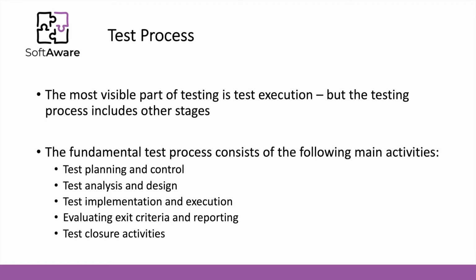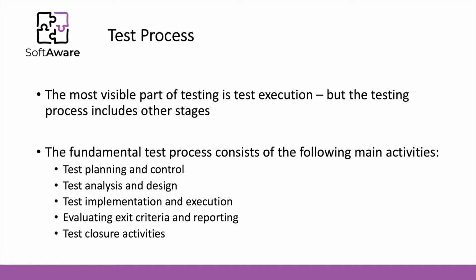And test control is the ongoing activity of comparing actual progress against the plan, reporting the status, including deviations from the plan. Test analysis and design also complies with the basic features that are reported in test planning and control.